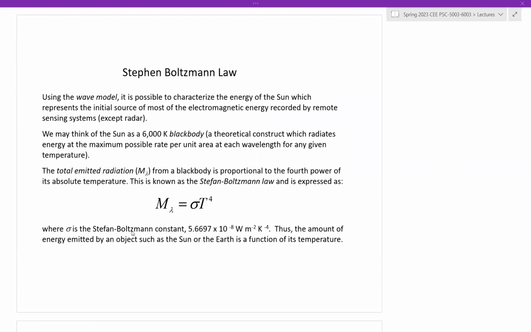Now, every object produces energy. The total amount of energy that an object can produce is related to its temperature. The temperature of the object dictates the amount of energy being emitted. So the Stefan-Boltzmann law indicates that if we know the temperature of an object to the power of 4, multiplied by the Stefan-Boltzmann constant, it will give you the total in watts per square meter of the energy that is generated by that object.